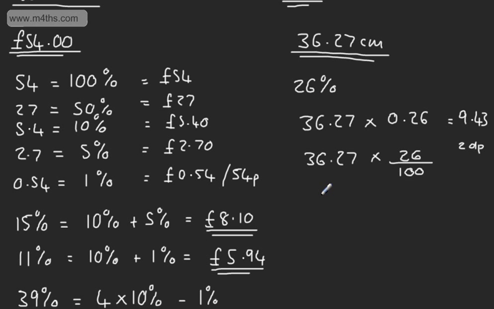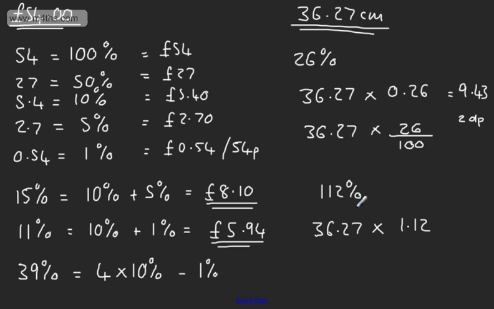If we wanted now, let's say, 112% of this quantity, all we would do is take the value, 36.27, and we would multiply it now by 1.12. So that's 112%. If I wanted now 74%, I could multiply 36.27 by 0.74.